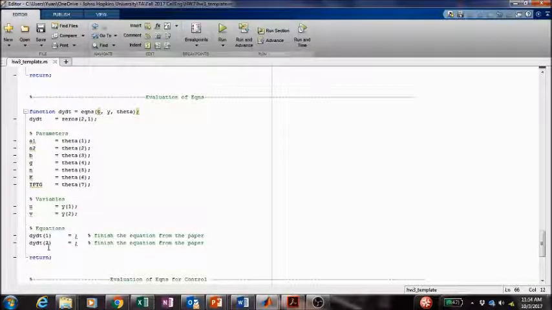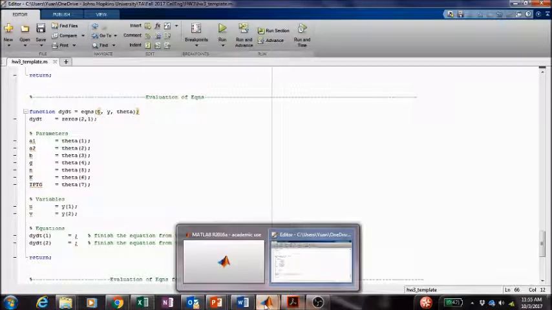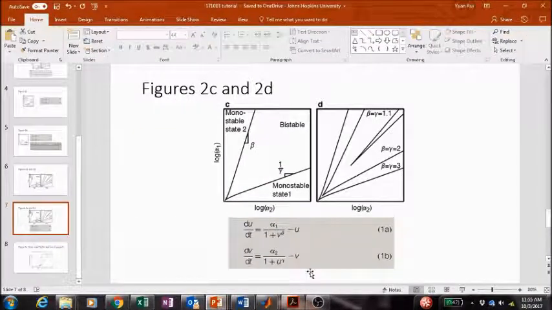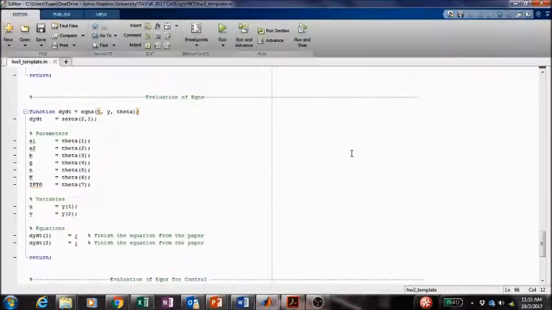Now dy dt2, I will give you a hint. You need to look at the actual figure captions for figure 5a to figure out what you're going to be putting in. You can't just put in equation 1b straight up and expect it to work out. You need to actually put in what they recommend as the u value in the figure caption of figure 5a in order for it to work, okay?